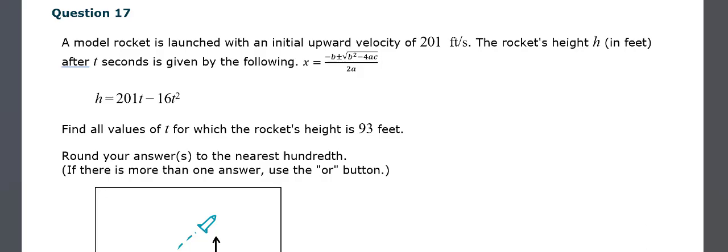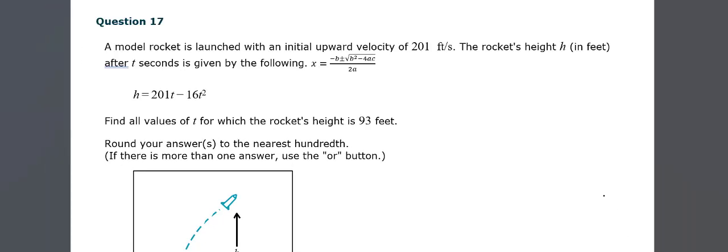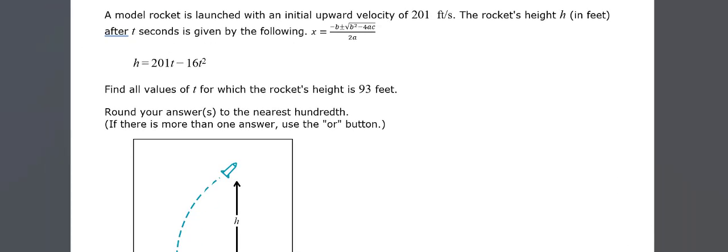And our next problem, we're going to deal with another word problem. And it says a model rocket is launched with an initial upward velocity of 201 feet per second. The rocket's height h, so remember h represents height in feet, after t seconds is given by the following: h equals 201t minus 16t squared.